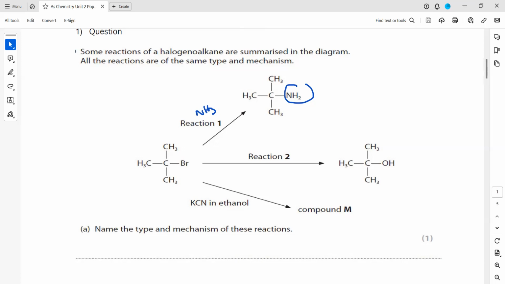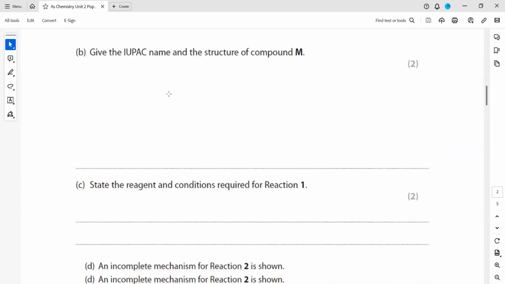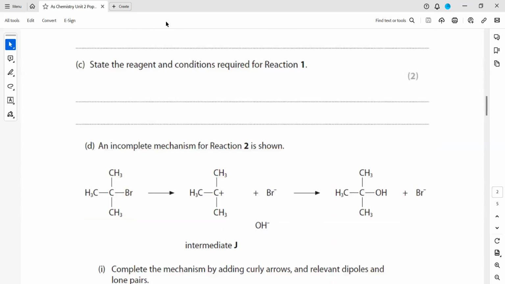So we want to increase the rate of the reaction so they can collide with each other. So we use alcoholic solution and high pressure, as alcohol can dissolve both halogen alkane and ammonia, and the molecules can easily collide with each other. So the conditions for reaction 1: the reagent is ammonia, and we require alcohol as a solvent.